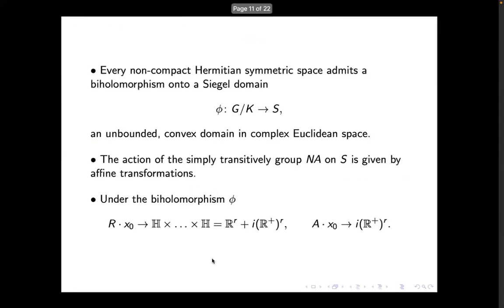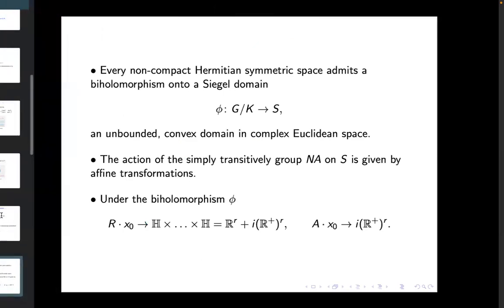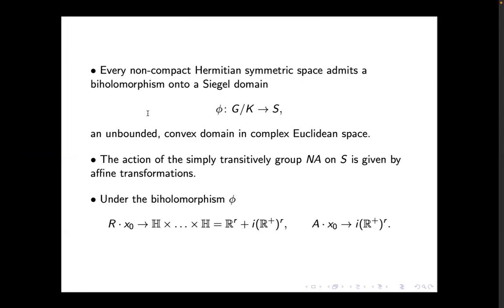Now later I will have some examples. So we know that a Hermitian symmetric space admits a biholomorphism onto a Siegel domain. A Siegel domain is an unbounded convex domain in complex Euclidean space, sometimes a tube domain, or something a little more general than a tube domain, but still convex and unbounded.